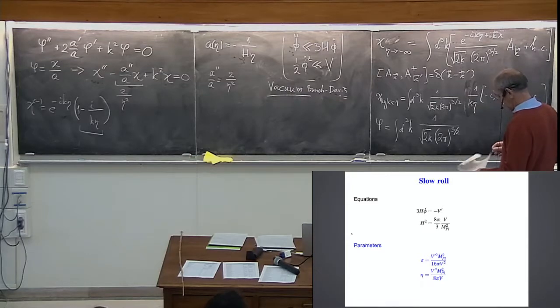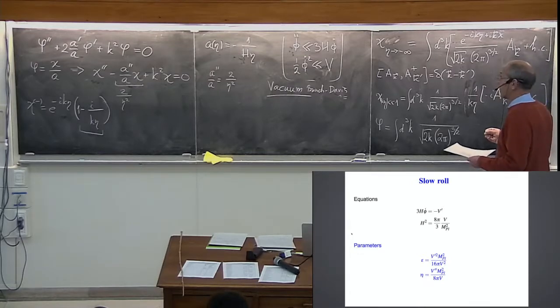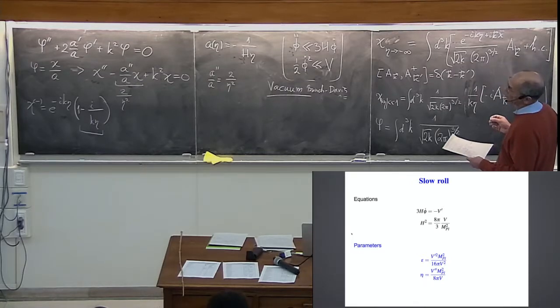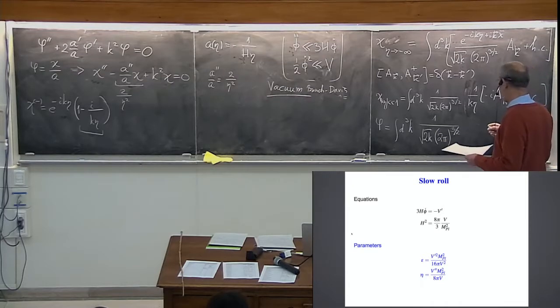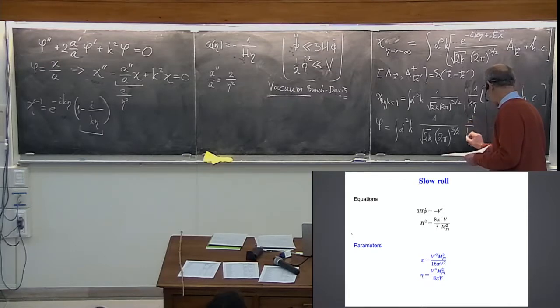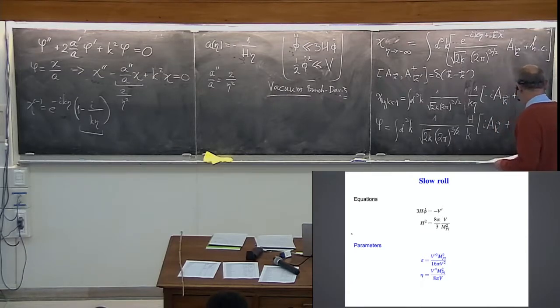And when I divide by 1 over H eta, this eta will cancel out, and I will have H over k, and then i a k plus minus i a dagger k. Okay?